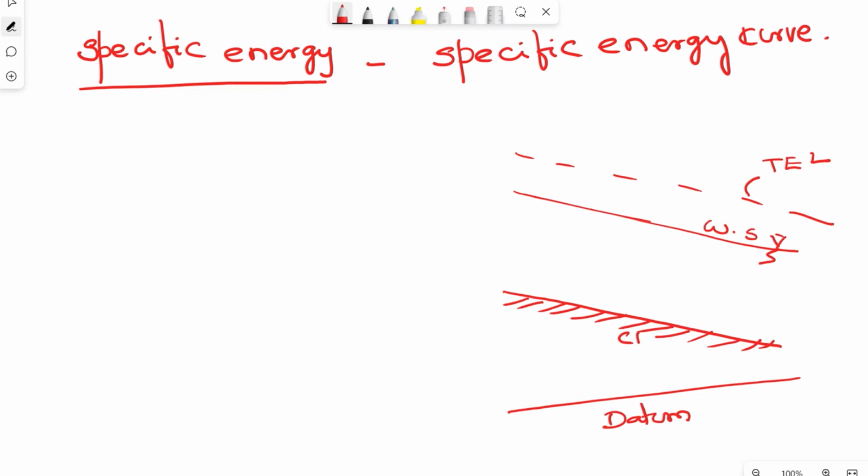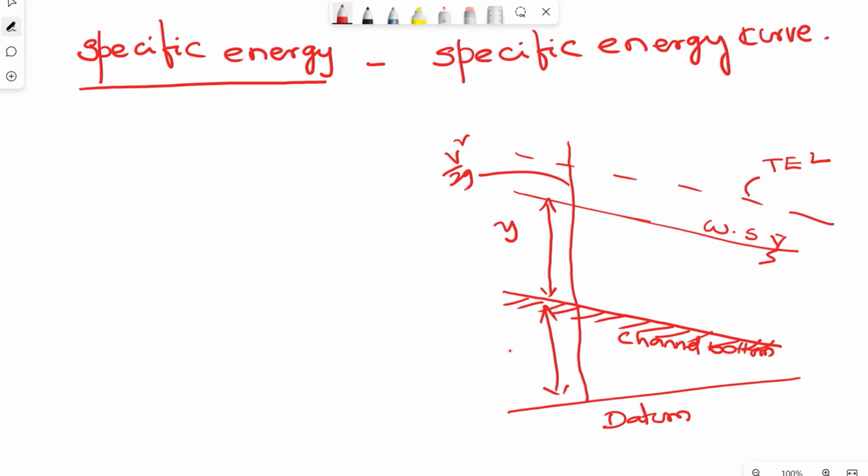This is the channel bottom. If I take the total energy from the top, this part is V squared by 2g. This part is nothing but the water depth, that is y. And this is nothing but the datum, Z.